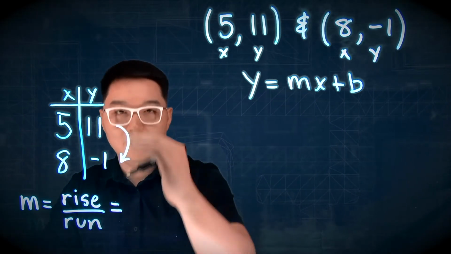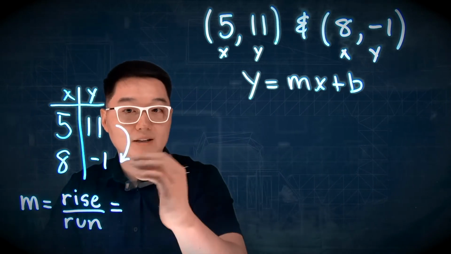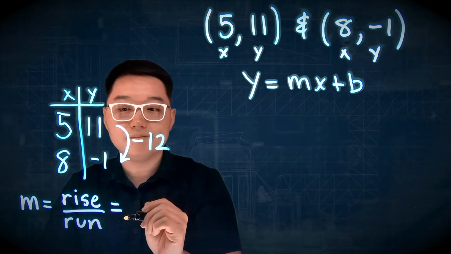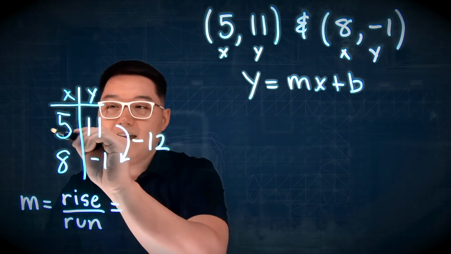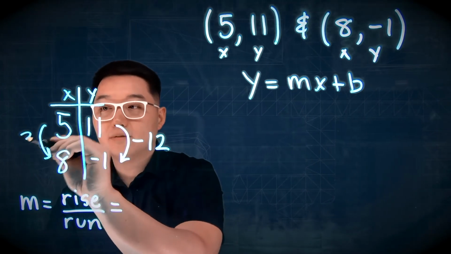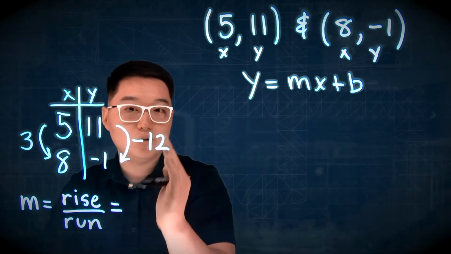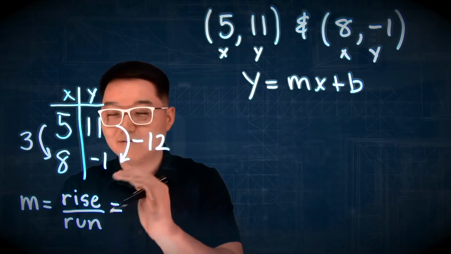You have lost some money. In this example, from 11 to negative 1, you have lost 12 whole dollars. Okay, but how many days have passed? From 5 to 8, you have gained 3 days. In 3 whole days, you lost $12. Okay, so what is the ratio of rise and run?